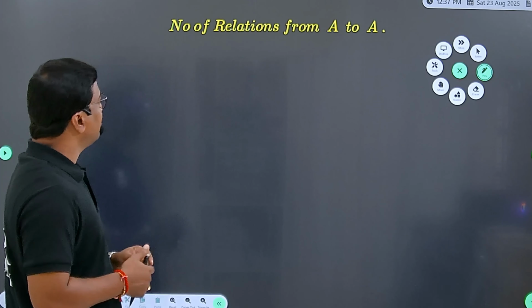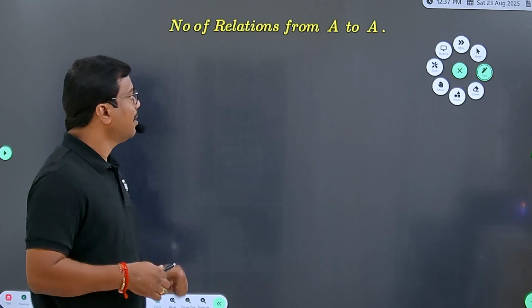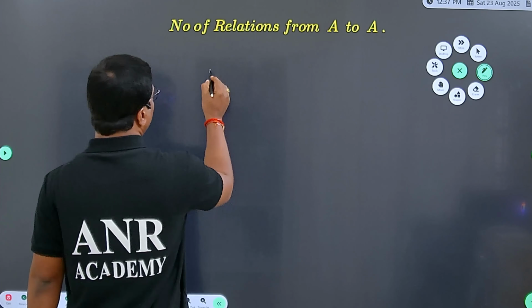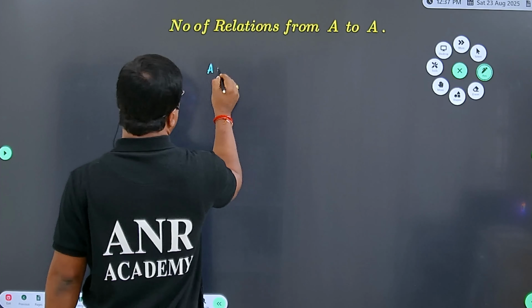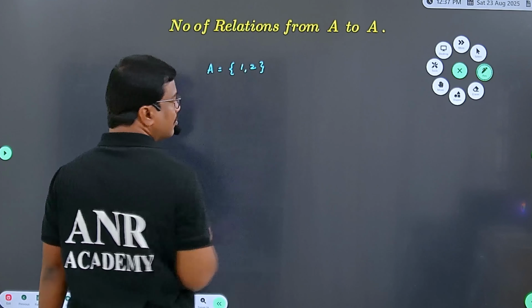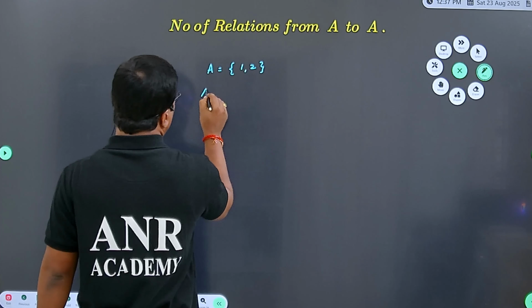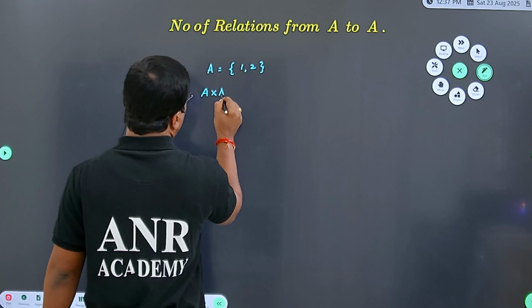Next we are going to learn the number of relations from A to A. Suppose A is a set having entries 1, 2. I am going to write A cross A first.